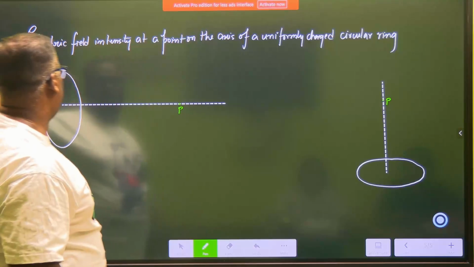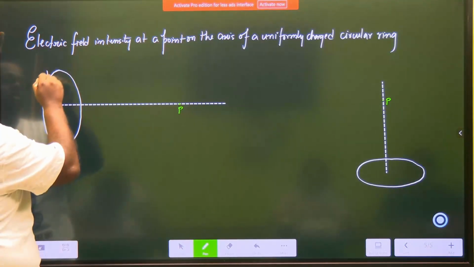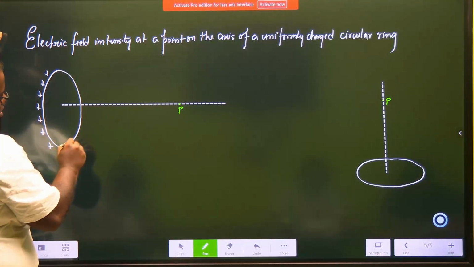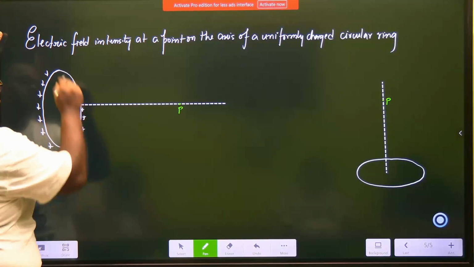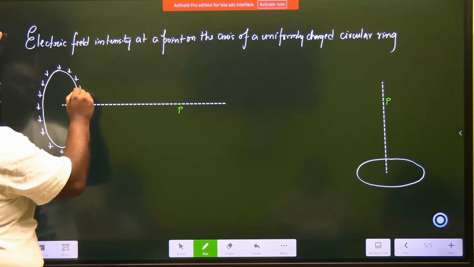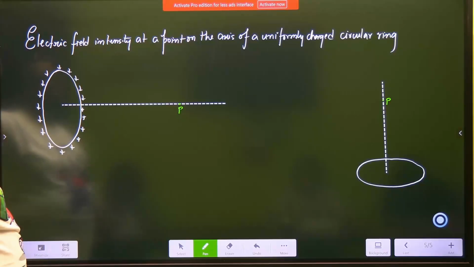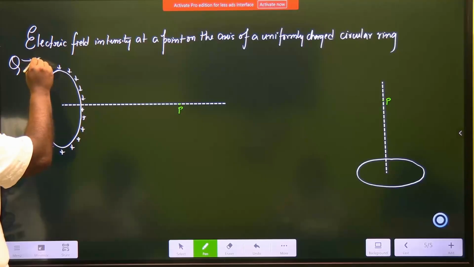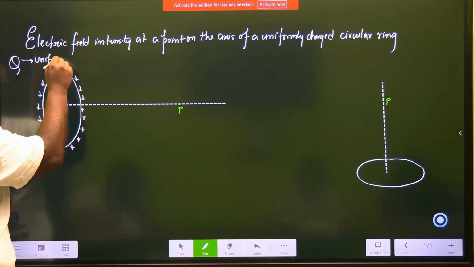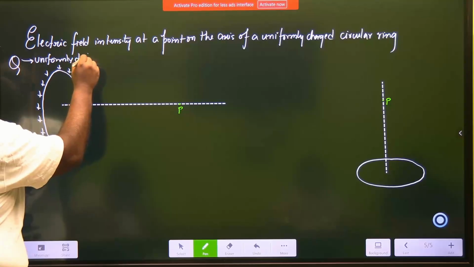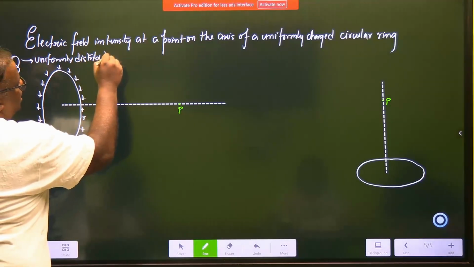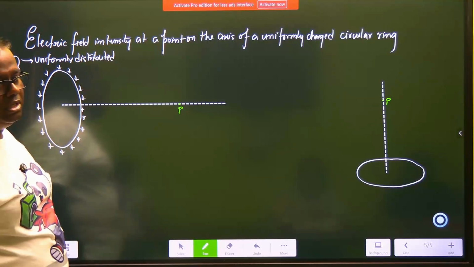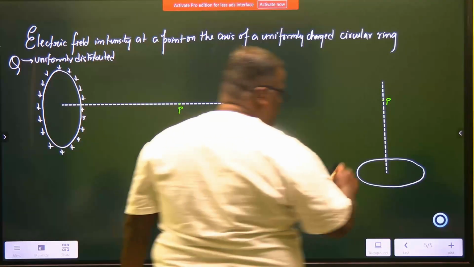Now this ring is uniformly charged. There was charge Q, and this charge Q is uniformly distributed. Are you able to understand this concept or not? It is like one lump of butter which you have uniformly spread. So let us spread it here also.